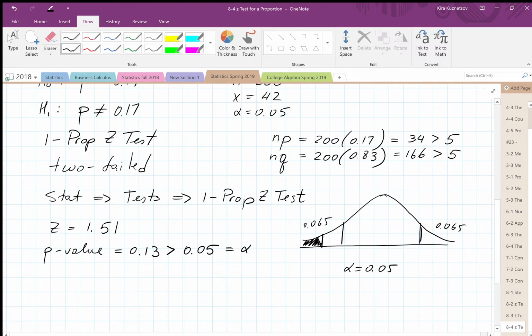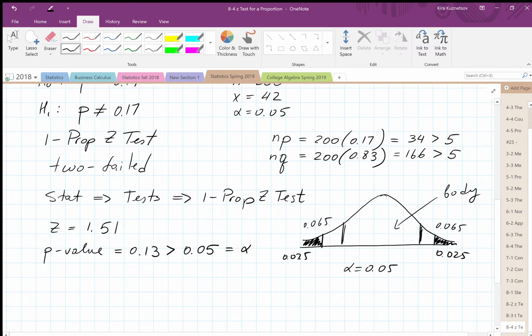And that's your critical region. There we go. There's your 2.5% on each side. So you can tell that this p-value falls in the body of the problem. So if this picture makes sense, use it. If it doesn't, you can stick to a p-value approach.